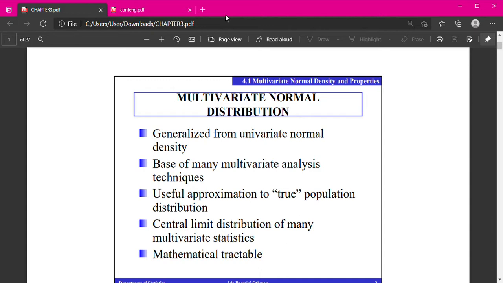So usually we are familiar with the bell shape, which is the shape for the normal density distribution, right? So usually in multivariate pun kita akan apply the normal density.